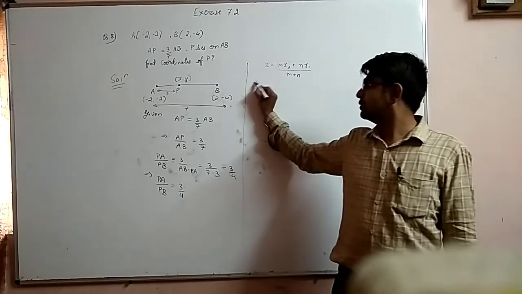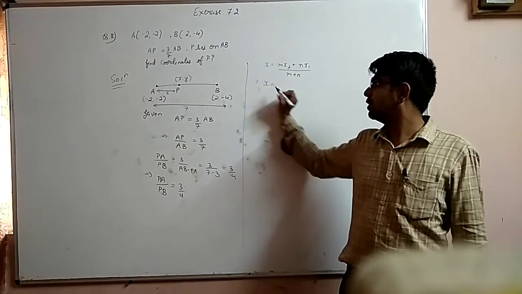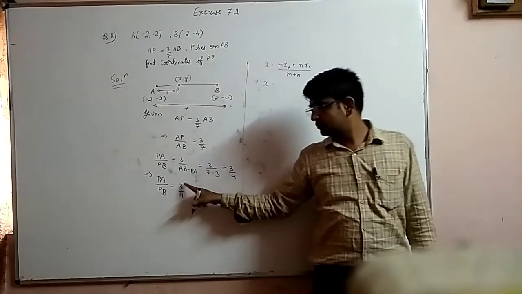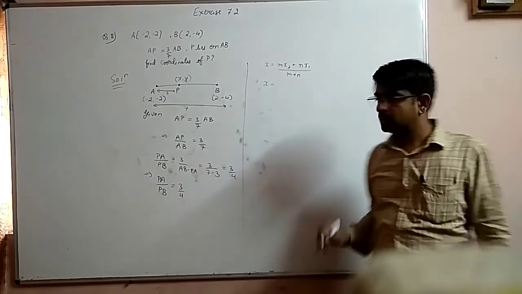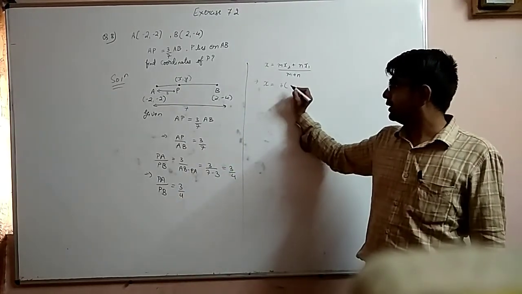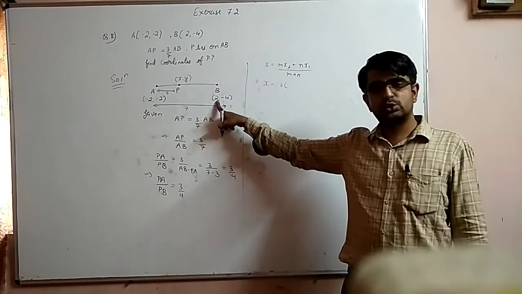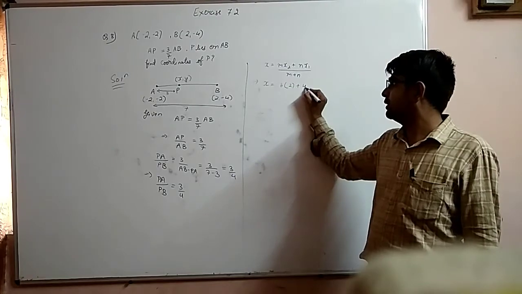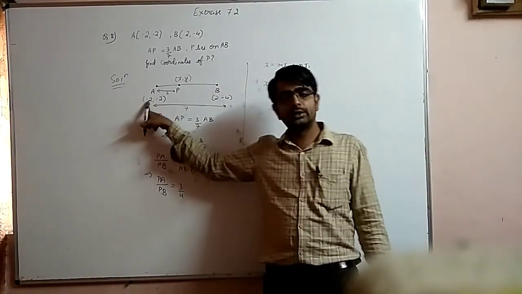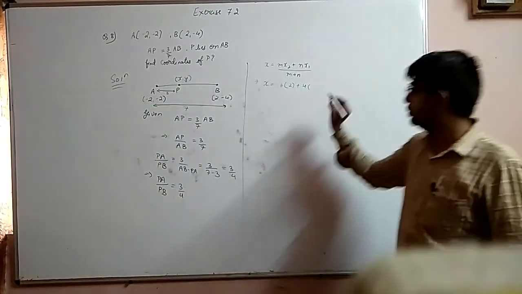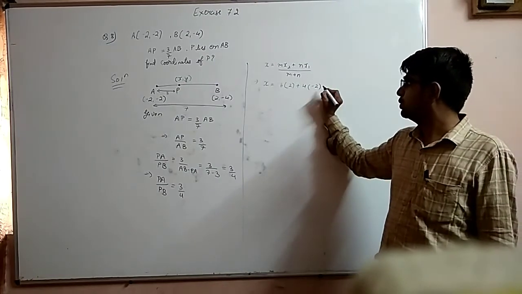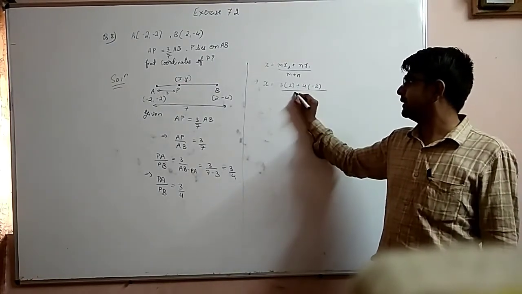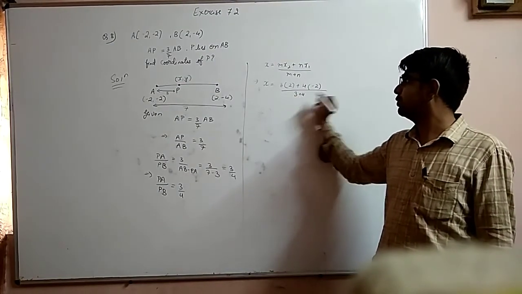What is m? 3. X2 is 2. N is 4. And x1 is minus 2. M plus n, that means 3 plus 4.